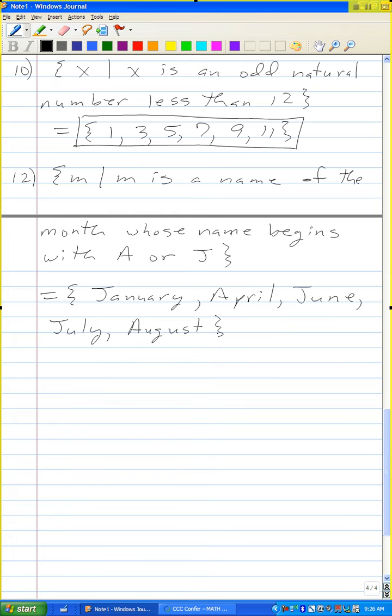I think that's it. January, February, March, April, May, June, July, August, September, October, November, December. Okay. And so those are all months beginning with A or J.